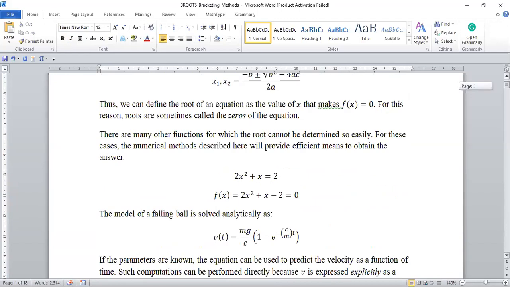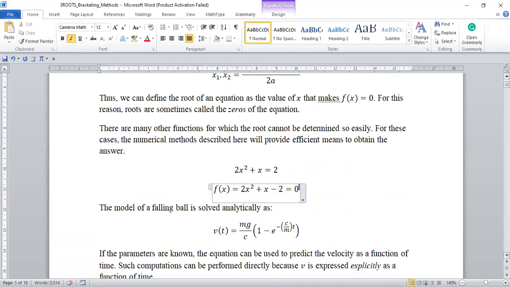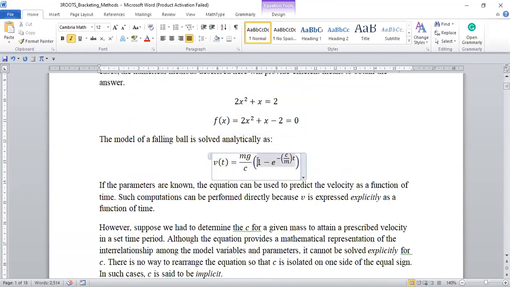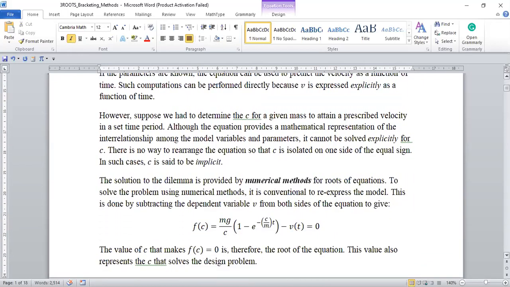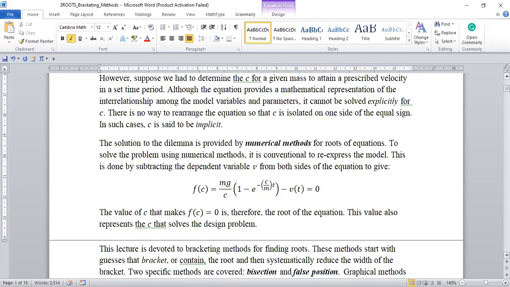Remember in the first example I did, if you have this expression and you're asked to find the value of x, you can reduce it to finding the roots by subtracting 2 from both sides of the equation, then equating it with 0. So we want to reduce this problem also to getting the roots of the equation.